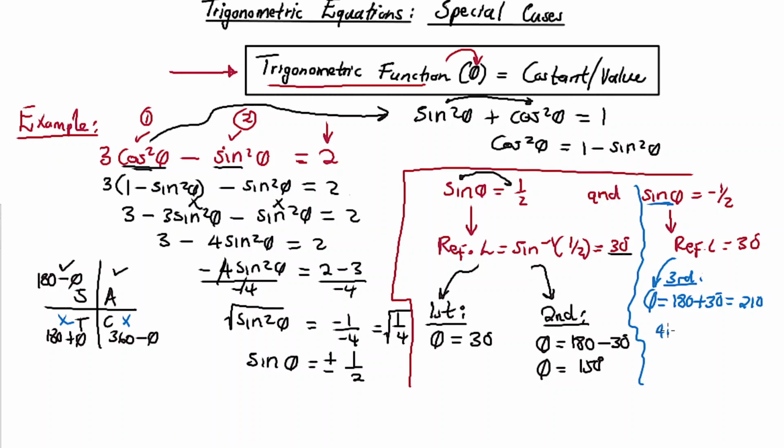Then in the fourth quad, I have theta equal to 360 minus 30. Then theta is just going to be 330 degrees in the fourth quadrant. So this is our set of solutions for that example.